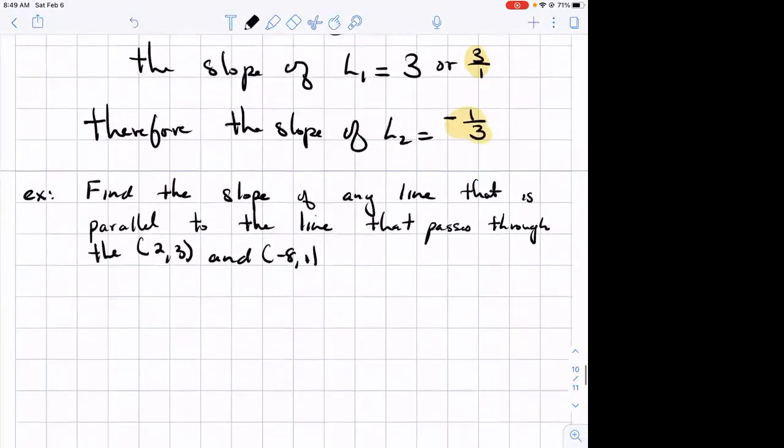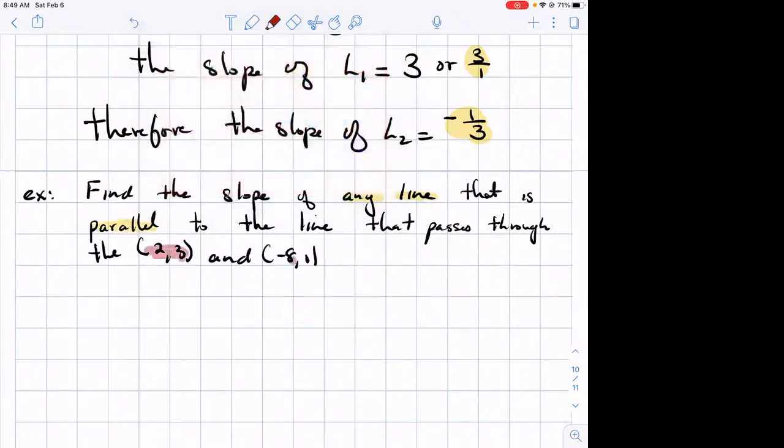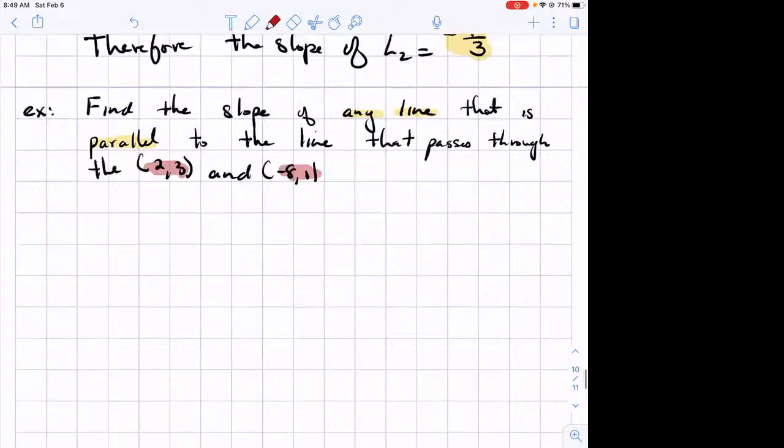Okay, so we're looking for the slope of any line that is parallel to the line that passes through these 2 points. So first, let's find the slope of the line with those 2 points.